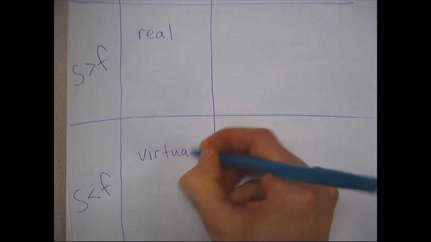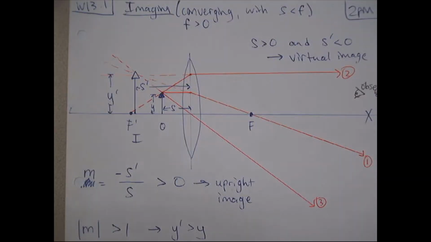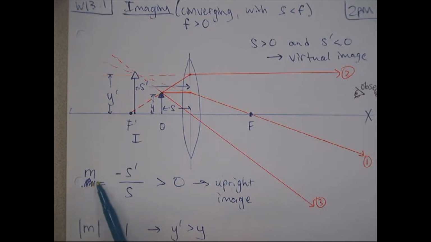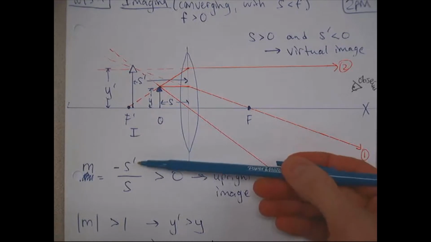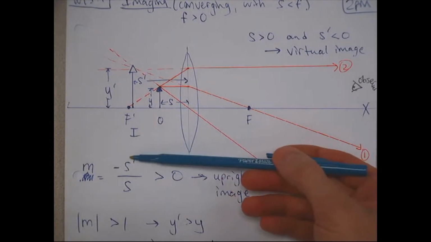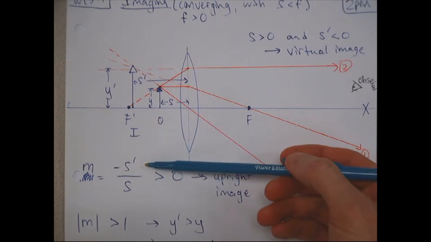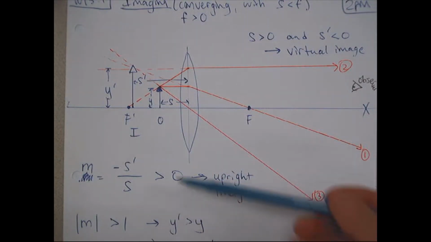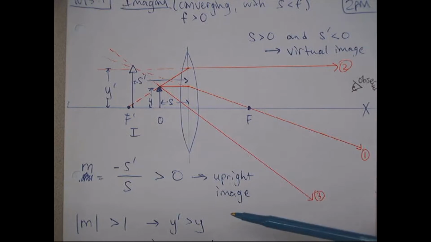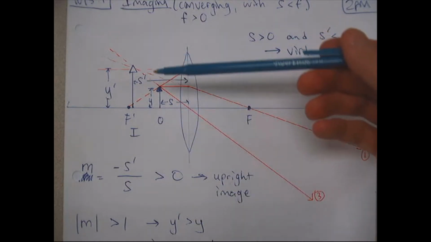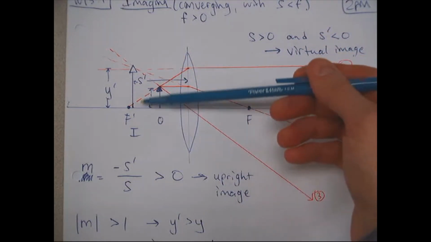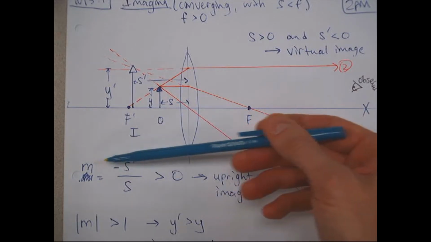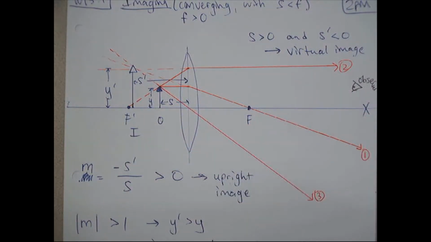In the thin lens equation video, we'll define lateral magnification, which is the negative image distance, S prime in these diagrams, divided by the object distance S. In this situation, you get an upright image because your magnification M will be positive.